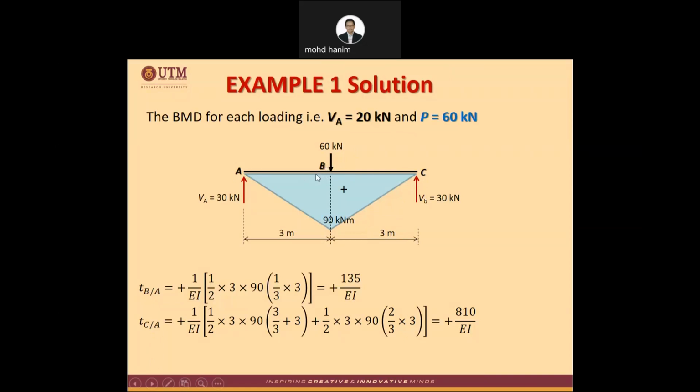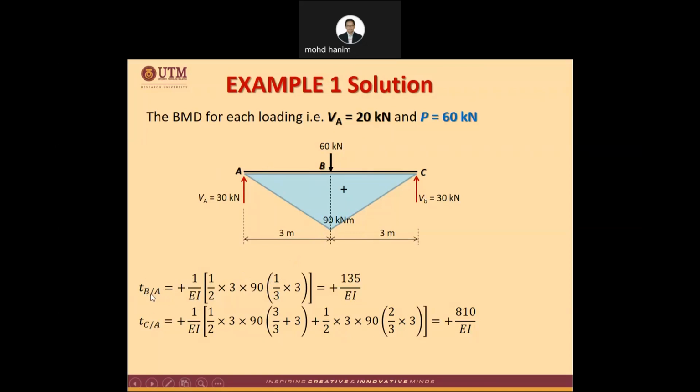So if we say TBA, that means the area is between B and A, and the centroid distance is from B, not from A. That's why I said just now this is the most important formula here. What is TBA and what is TCA?